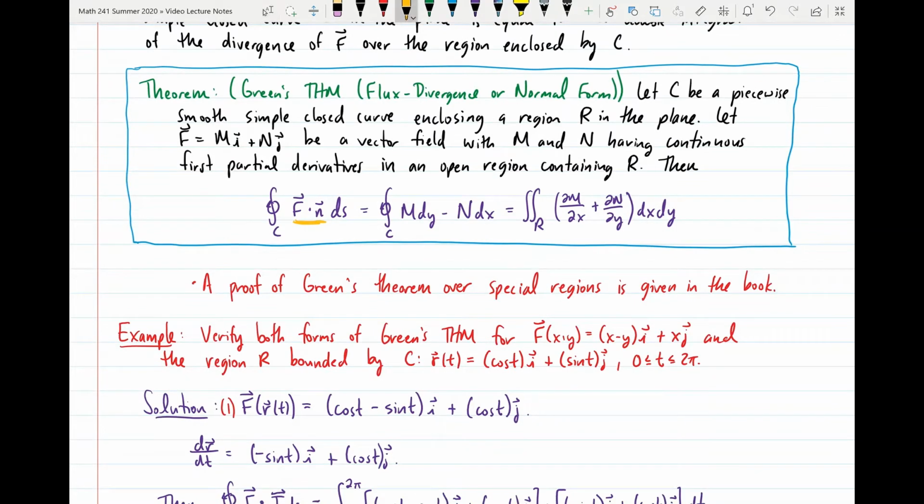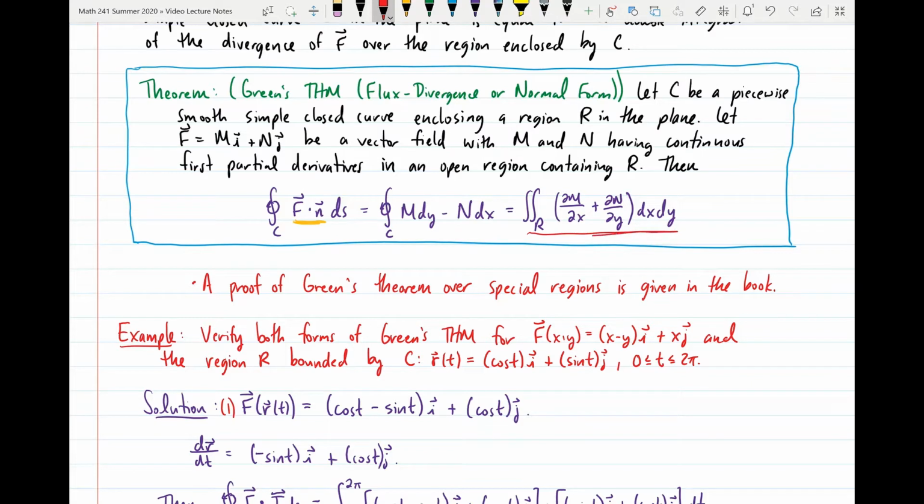We have the line integral of F dot n over the simple closed curve C in the counterclockwise direction, and we can rewrite that as the line integral of M dy minus N dx over C in the counterclockwise direction, which is equal to this expression here.